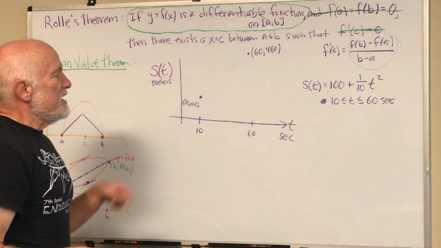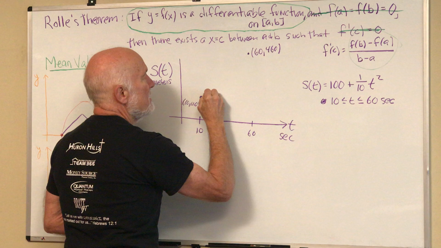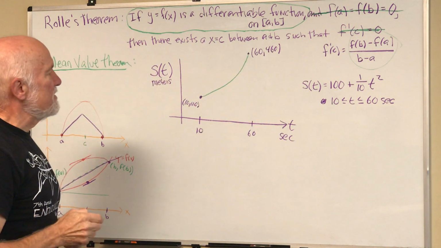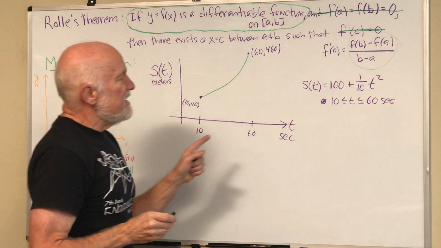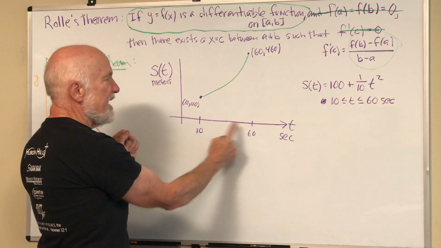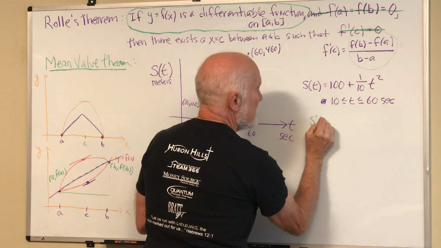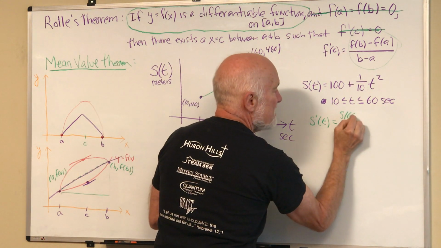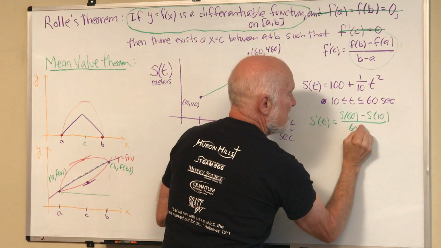And somewhere in between, you've got this position function. It goes something like that. It's a parabola. What the mean value theorem is saying is that somewhere in between here and here, sometime between 10 and 60, there's a place where s prime of t equals s of 60 minus s of 10 over 60 minus 10.